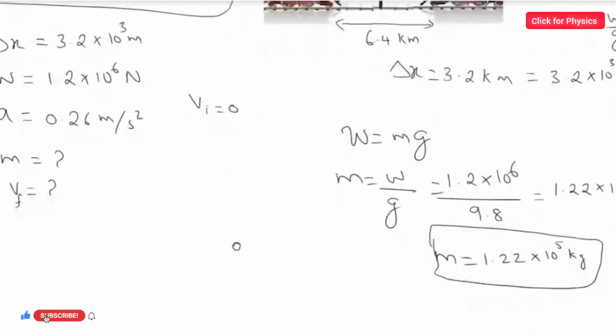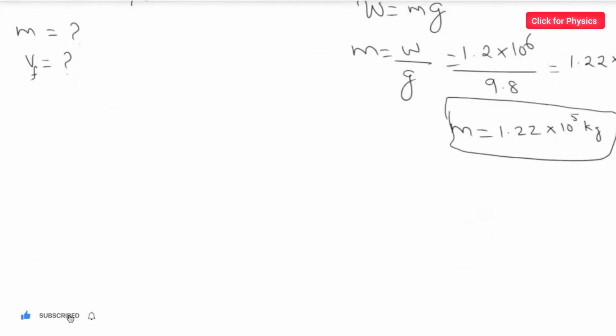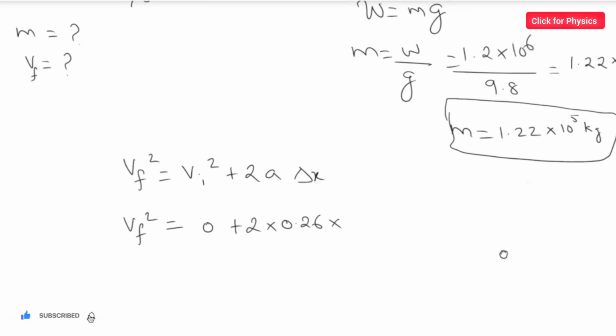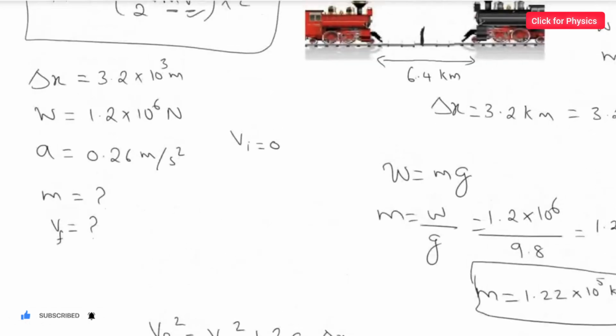We have to use the equations of motion with constant acceleration. Let's take the third equation: V final square equals V initial square plus 2 times acceleration times displacement. Here the initial speed is 0, so V final square equals 0 plus 2 times 0.26, given in the question, times the distance, which is half the distance, 3.2 × 10^3.